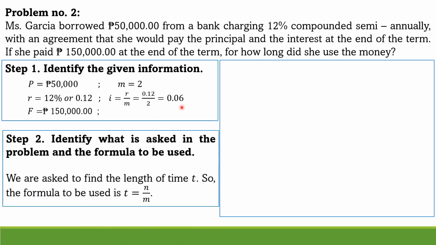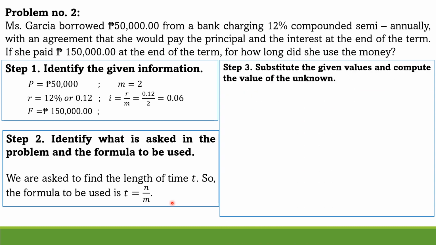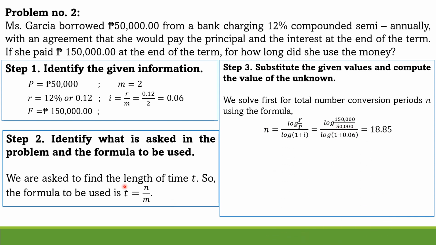Okay? Then, identify what is unknown. Of course, asking how long. Then we are asked to find the length of time. And for the compound interest, we'll use this formula: T equals N divided by M. Okay, so substitute the given values. Of course, we'll solve first the total number of conversion periods.